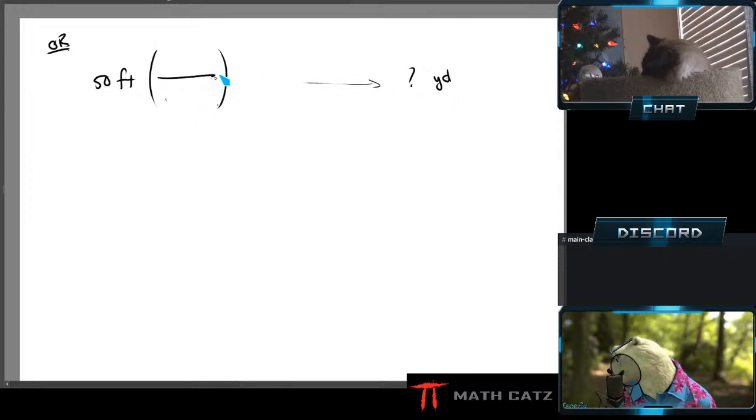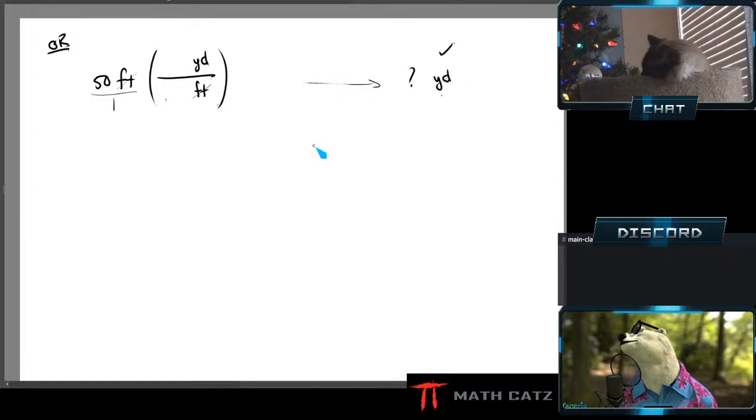So I'm going to make a fraction here, and this fraction is going to be my reference pair, feet to yards. I'm going to put feet in the bottom and yards in the top because when I simplify the units, remember this is over 1, a top and a bottom can cancel, the feet can cancel with those feet, and I'll end up with yards.